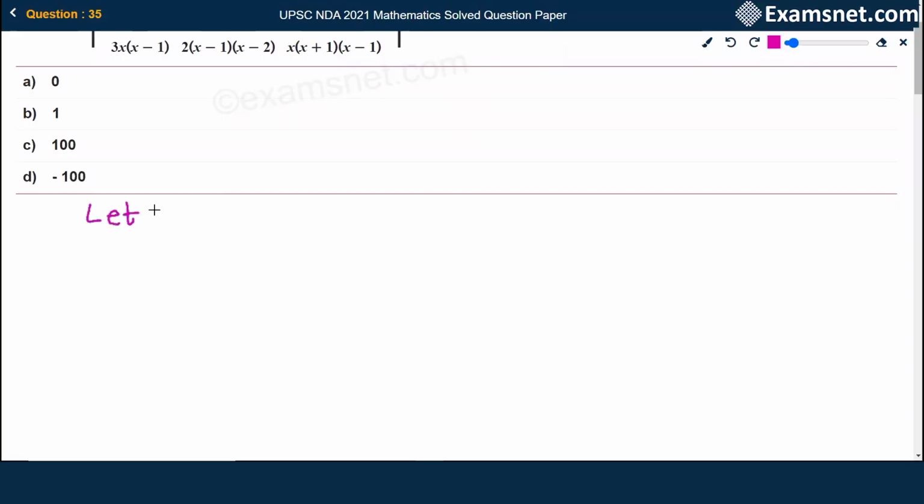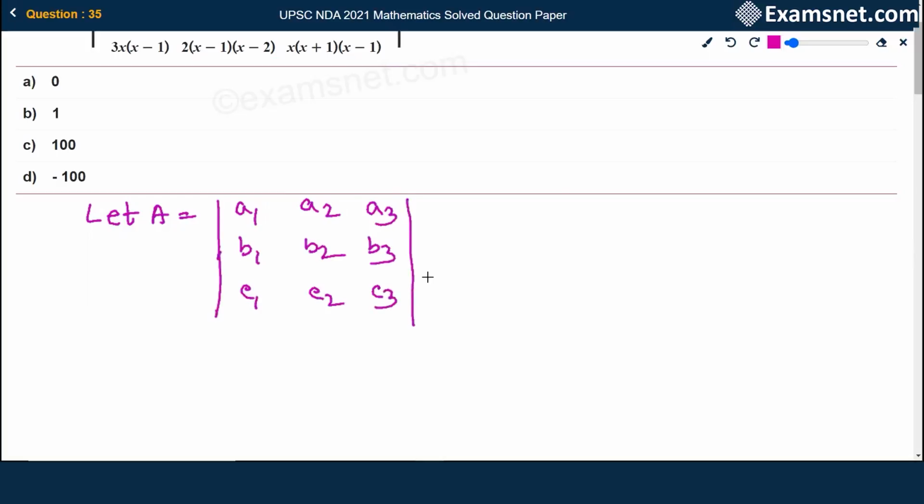Let's say A be a determinant. It can be defined as A1, A2, A3, B1, B2, B3, C1, C2, C3, this way. If we are going to find the value for A, so determinant A can be written as A1, we are going to find the value with respect to the first row. So A1, we will skip the row and the column as well, which contain that element A1.